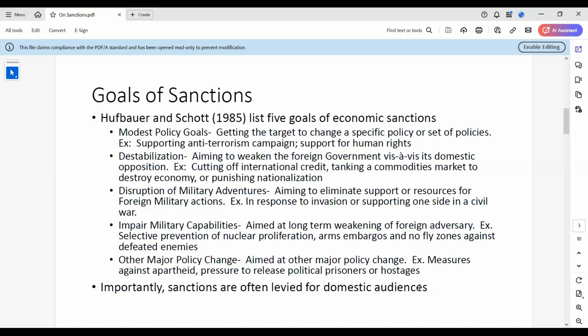The people that make the policies about sanctions don't necessarily believe that they're going to work, but we need to demonstrate, especially in democracies, that we're doing something. So we'll put sanctions on some country and announce those sanctions like they're a huge deal. A lot of times they don't really mean anything at all, and we'll talk a little bit more about the likelihood of success with those kinds of sanctions.